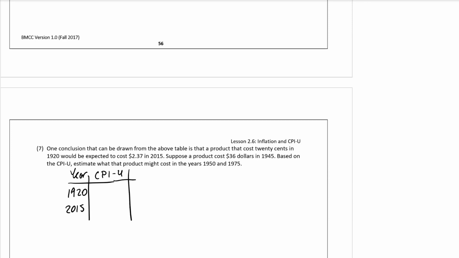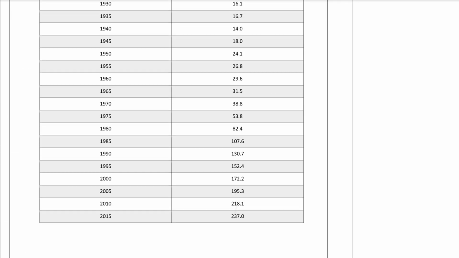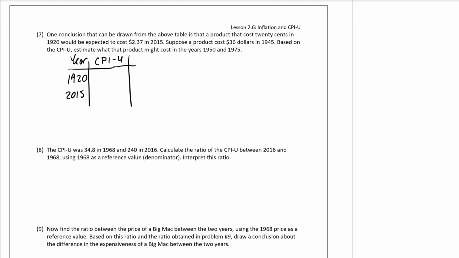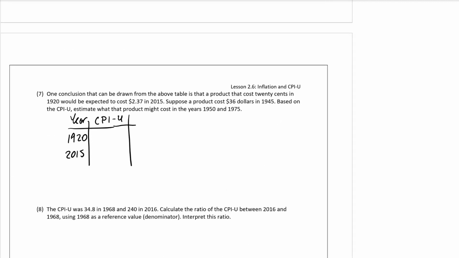If you look at the chart, the number for CPIU in 1920 is 20, and the number for 2015 is 237. It's the highest one. So that's one interpretation made right here. You're going to think of this in terms of dollars.